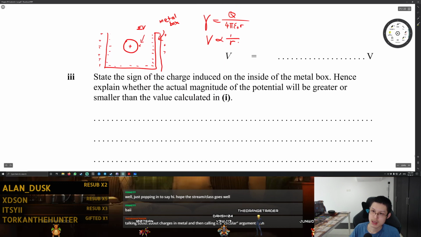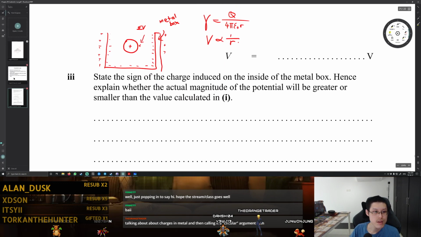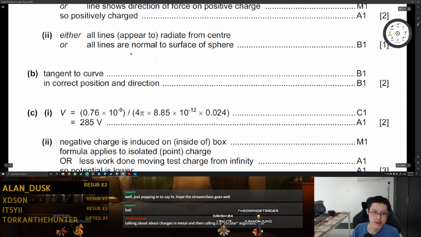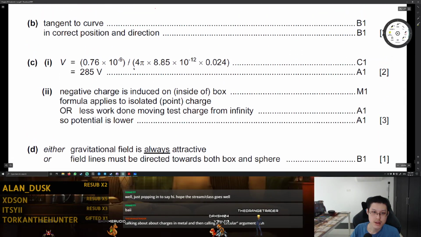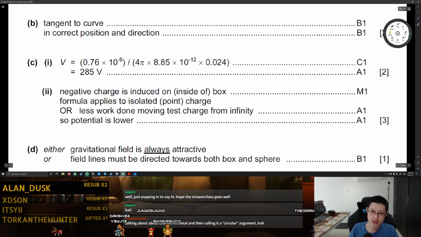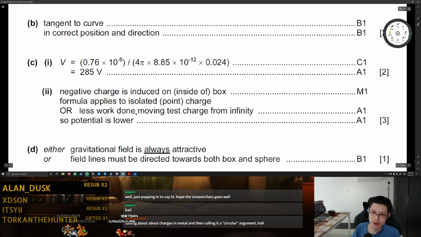Okay, so what you want to say is, negative charge is induced inside of the box. The formula applies only to isolated point charges. Basically, the formula only applies to the charge in the sphere. And then, less work done moving test charge from infinity. So basically, it tells you that the electric potential will be lower because you need less work to move it from infinity to that point.